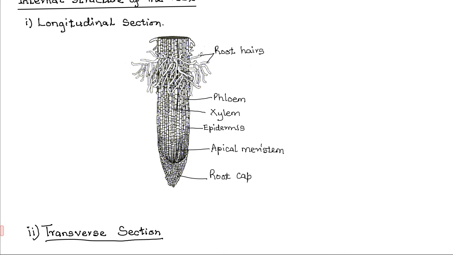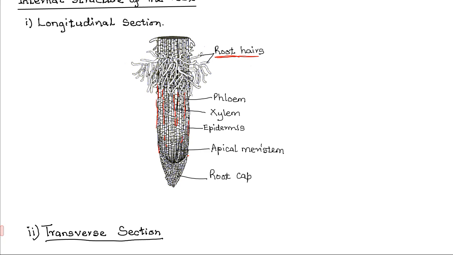Projecting from the epidermis are extensions known as root hairs. Then you have the epidermis, that is the outermost layer of cells. Then immediately below the epidermis you have the phloem, and then the xylem at the center.